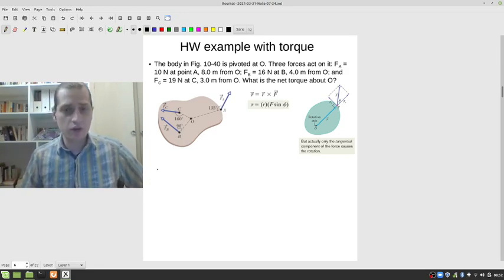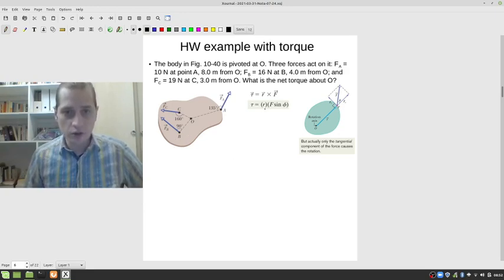Now the only thing I want to draw your attention to in this problem is that your torque is of course going to be R, so this is going to be RA, which they give you, times F, so that would be FA, which they give you, and then the phi here is not necessarily the angle they give you.